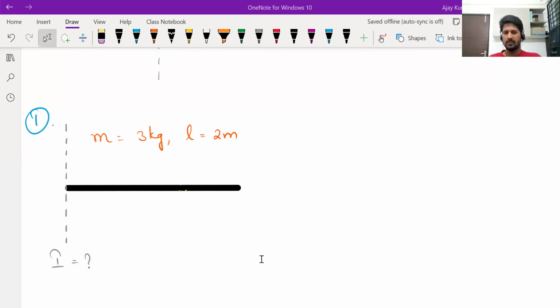How much is the moment of inertia, sir? 4 kg meter square. Okay, we'll see. Yusuf, what is the formula we derived for moment of inertia of a rod about this axis?